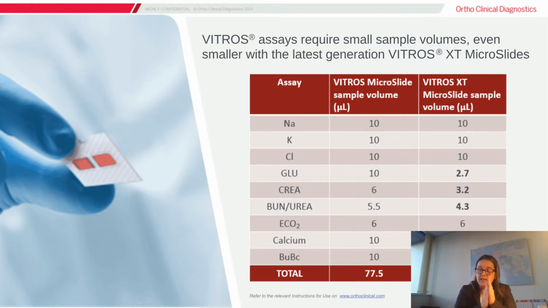As we can see in this table here, the total sample volume required for the most common pediatric tests is 77.5 microliters, thanks to the slide, and it's even lower when the double slides, the XT microslides, are used. It's around 60 microliters, which is really a tiny little amount.